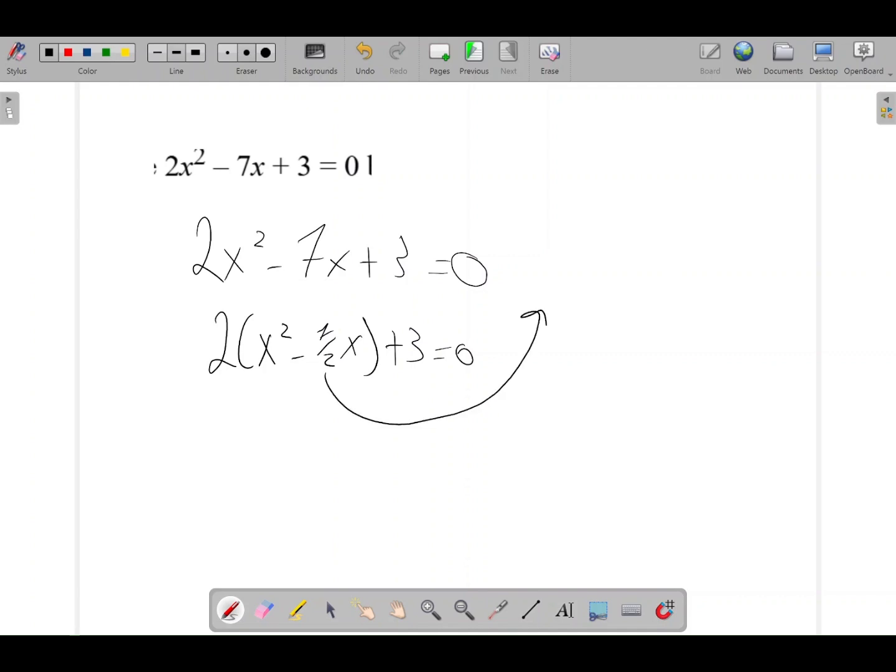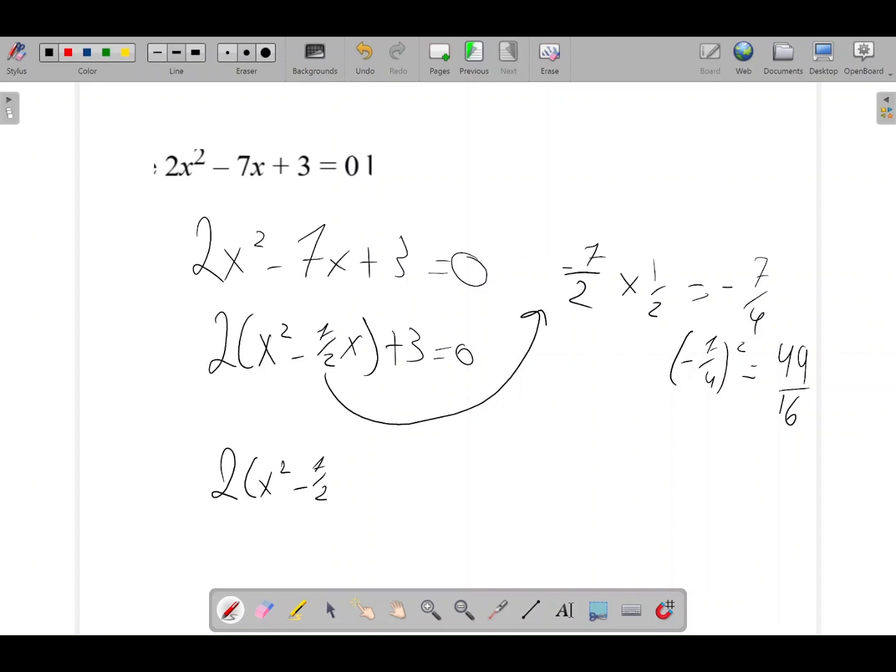Now, half of b, you square it. So, negative 7 over 2 times 1 over 2, negative 7 over 4. You square this. So, negative 7 over 4 squared equals 49 over 16. So, this is going to be 2x squared minus 7 over 2x plus 49 over 16 minus 49 over 16.